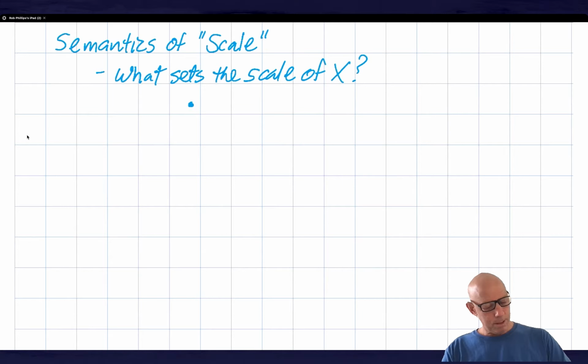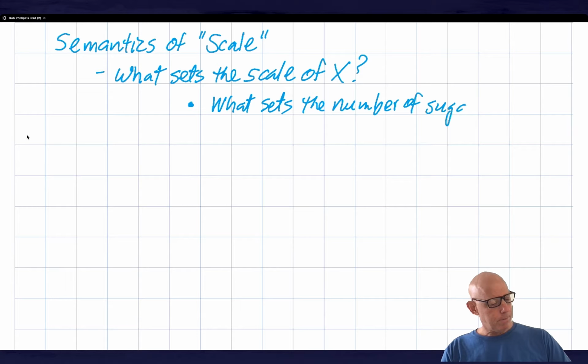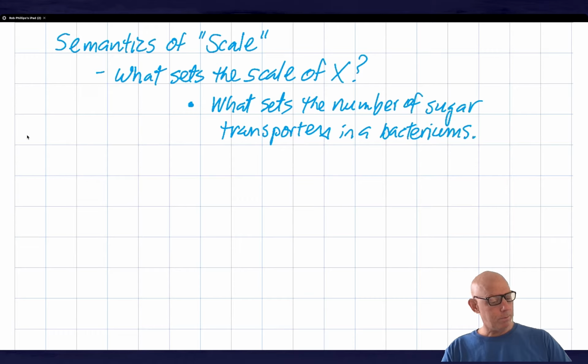One of the examples we thought of was what sets the number of sugar transporters for a bacterium. And we addressed that question by asking how many carbons are needed to create a new cell, which is primarily driven by proteins. So in other words, we made an approximation, that the cell matter is largely dictated by protein, and then that led us to a simple estimate of that quantity.